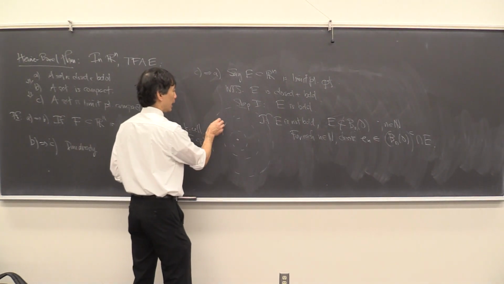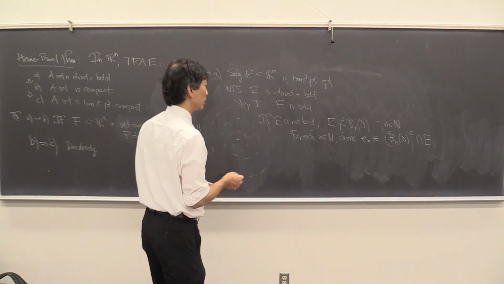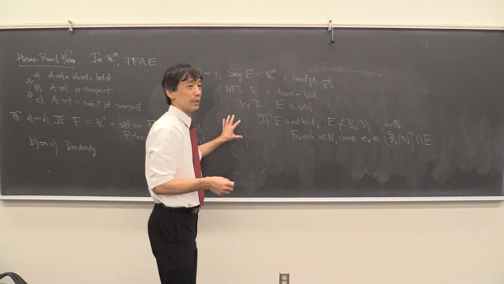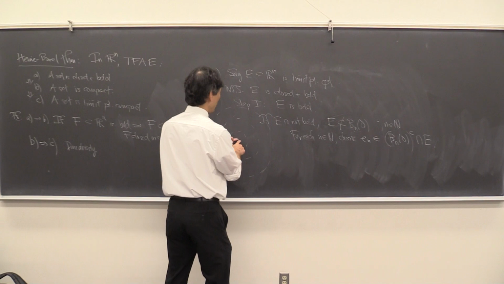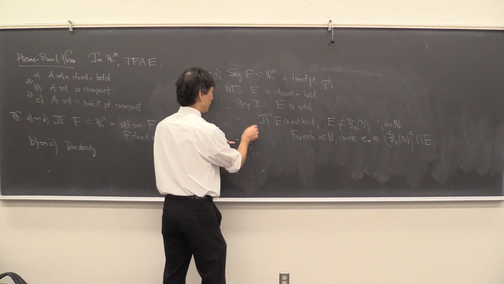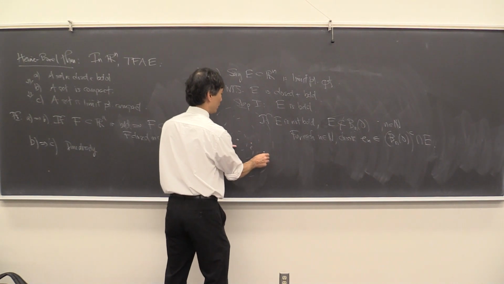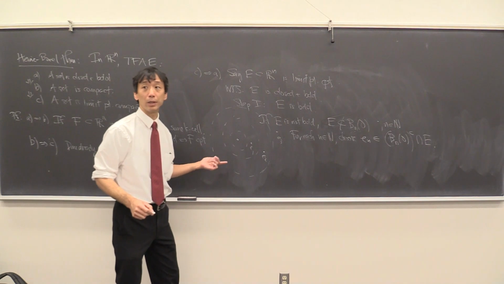And then you know that E is not contained in any one of them, right? So you can choose a point of E that's not in the first ball, call that one E1. You can choose a point of E that's not in the second ball, call that E2. Choose a point of E that's not in the third ball, call that E3, and so on and so forth.